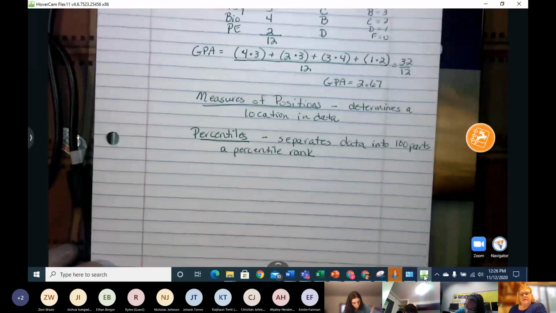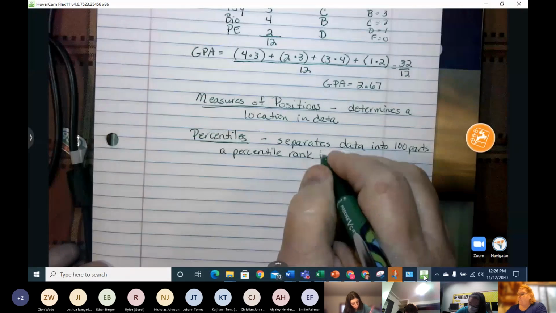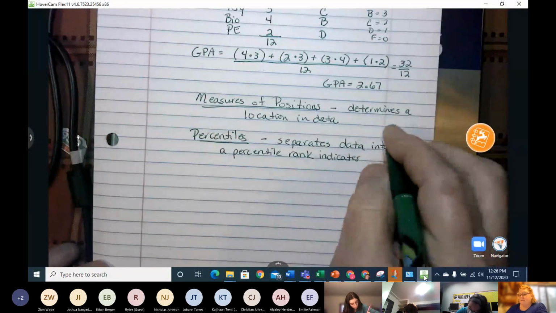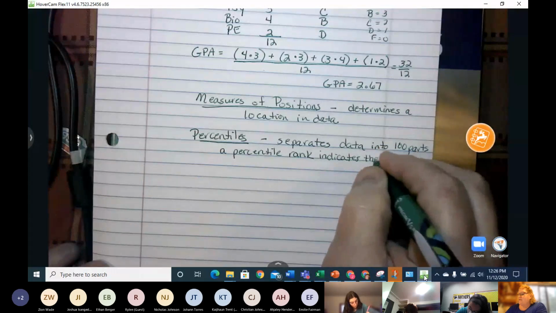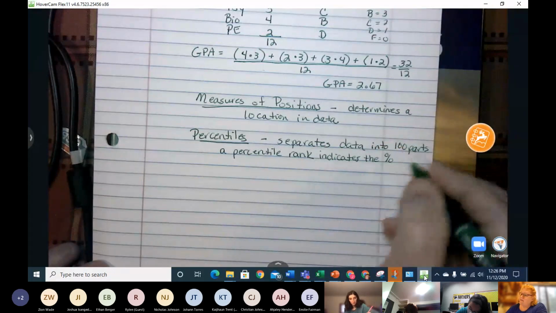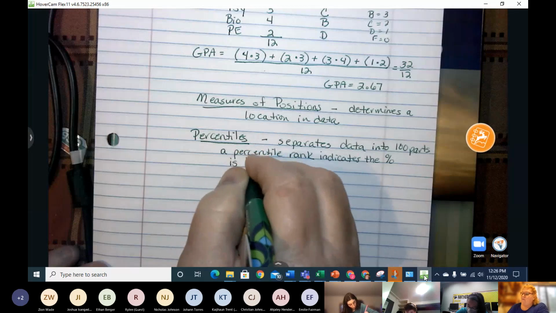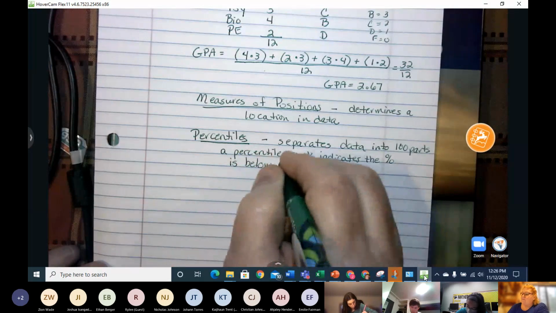If you're given a percentile rank, it indicates the percent that is below that value.